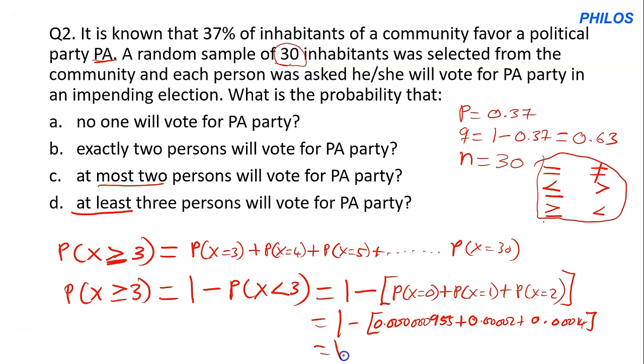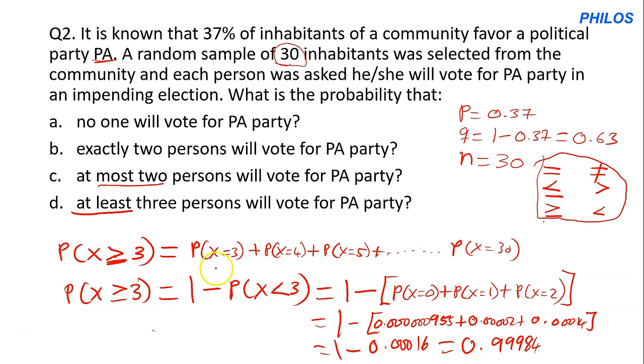So this will give us 1 minus, when you add them together you get 0.00016. So 1 minus 0.00016 will give you what? 0.99984. So this is the answer to question D.